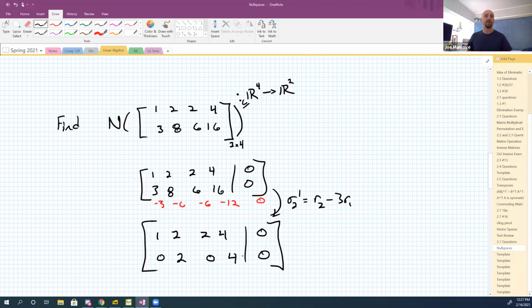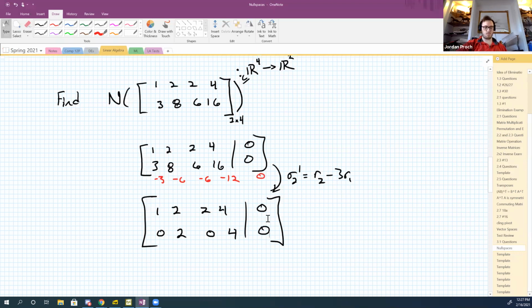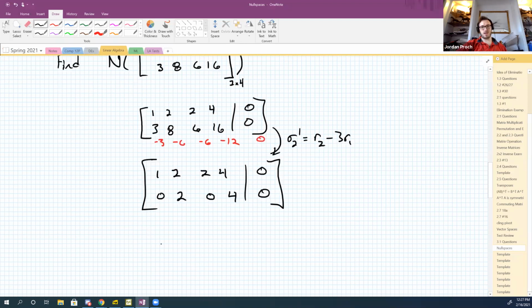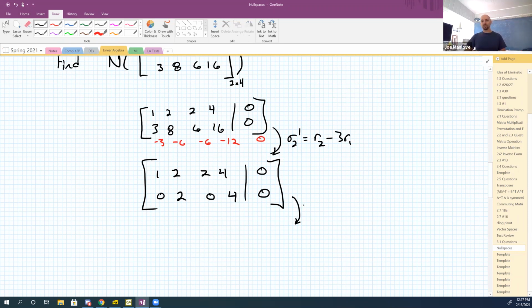Okay, now what? This is where I'm kind of iffy on my step, but I did the new row 1 is equal to the old row 1 minus row 2, but I'm very uncertain. Yeah, no, that's good. This is not strictly speaking necessary, but does definitely work. So let's do it, just because.